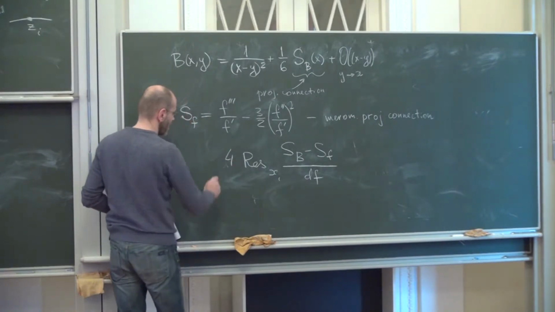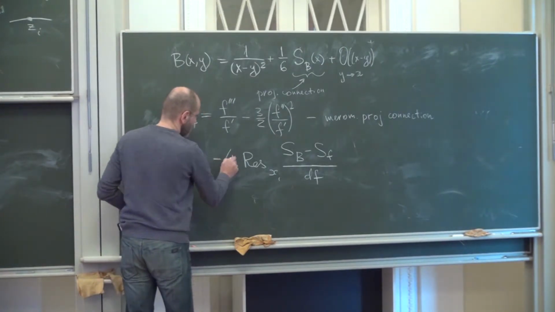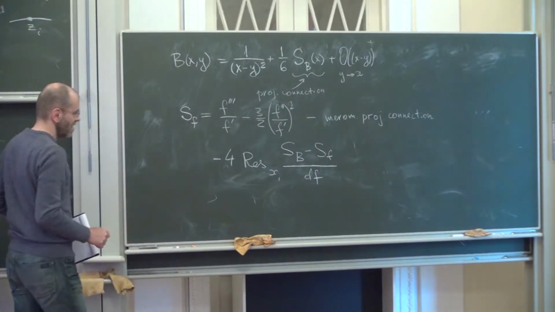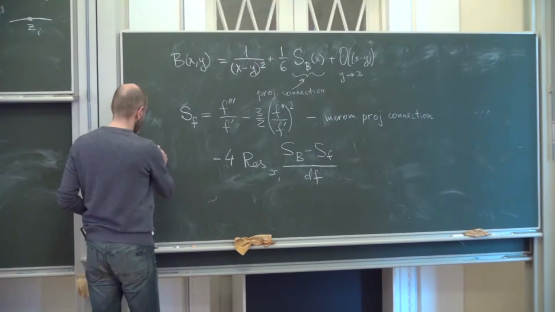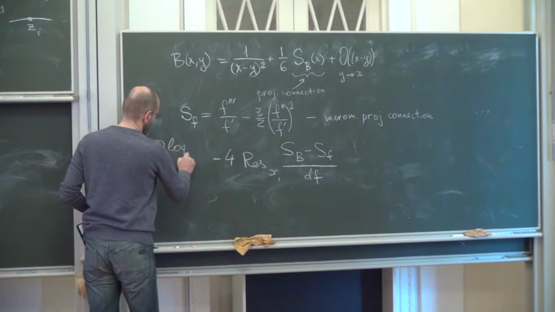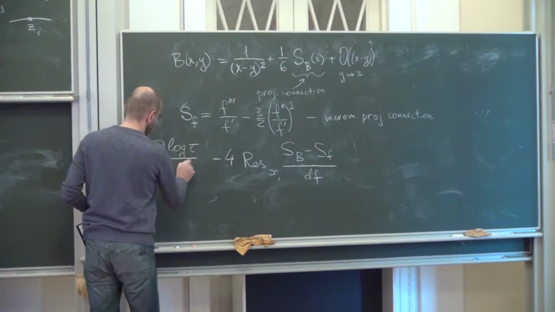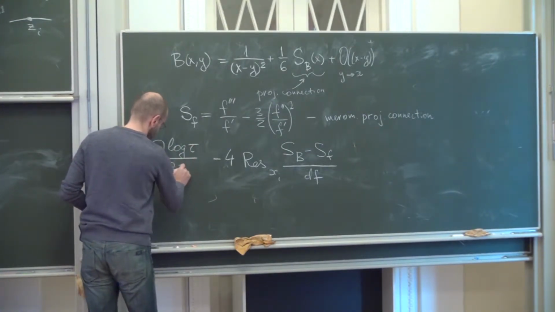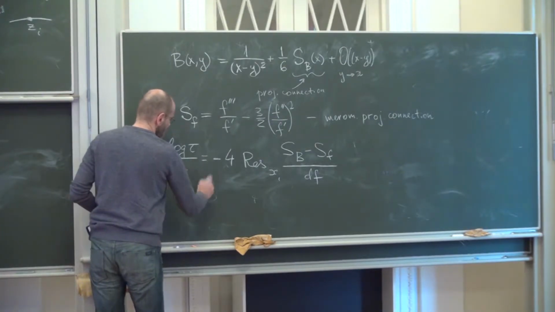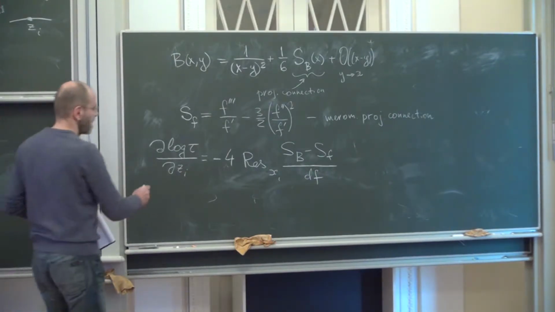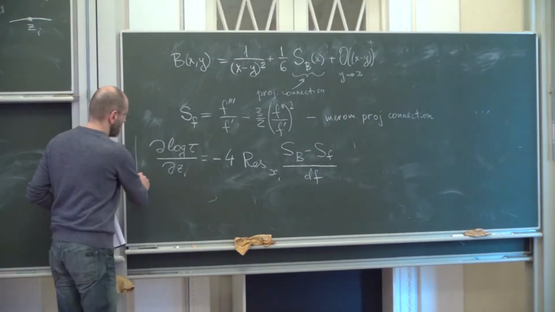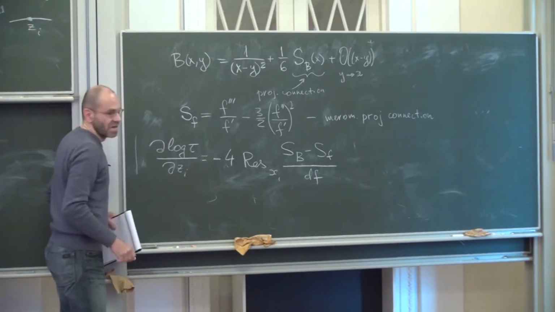Let's multiply it by 4 for the sake of convenience, to make the subsequent formulas simpler. And that's exactly a partial derivative of the logarithm of the tau function. So one can consider this as a definition of the tau function. So f here is arbitrary.